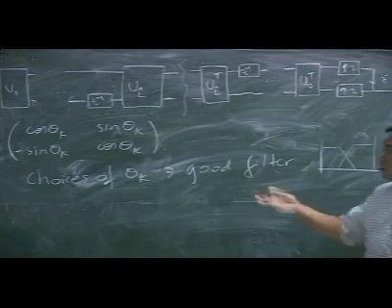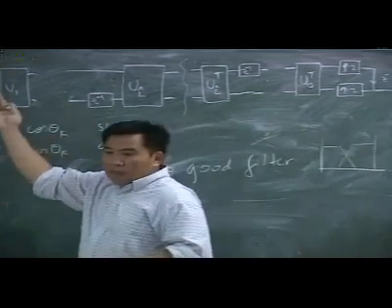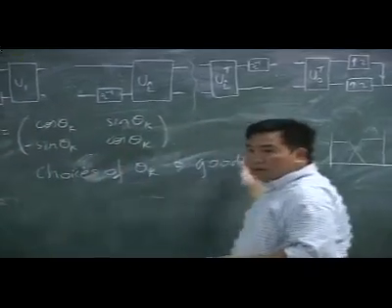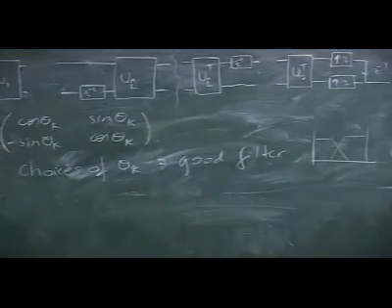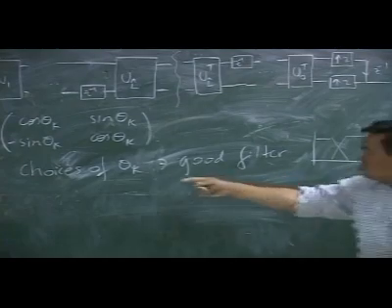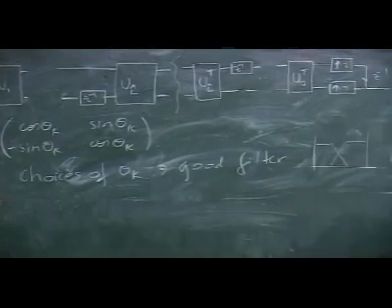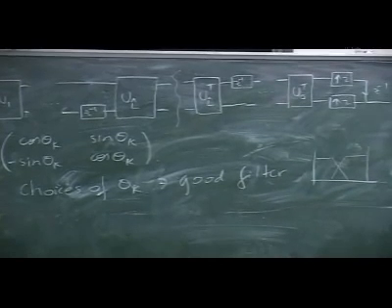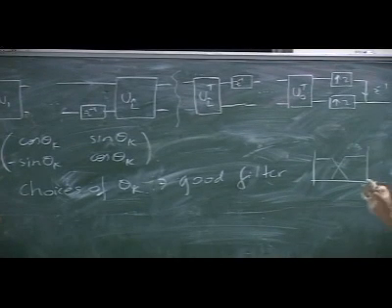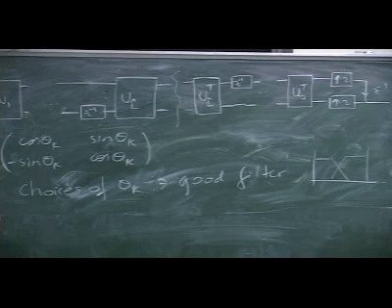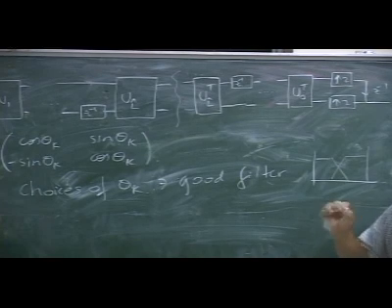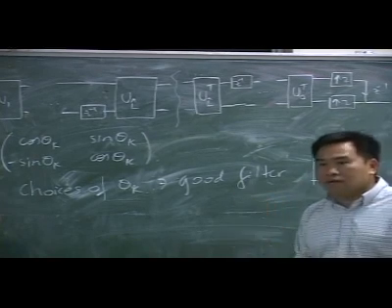And you can show that if I choose this arbitrarily, the filter will not be very good. So that's a design question of how to choose theta k such that you have good filters. That's a good question to have, practically, but in theory, I'm looking for theoretical questions right now.